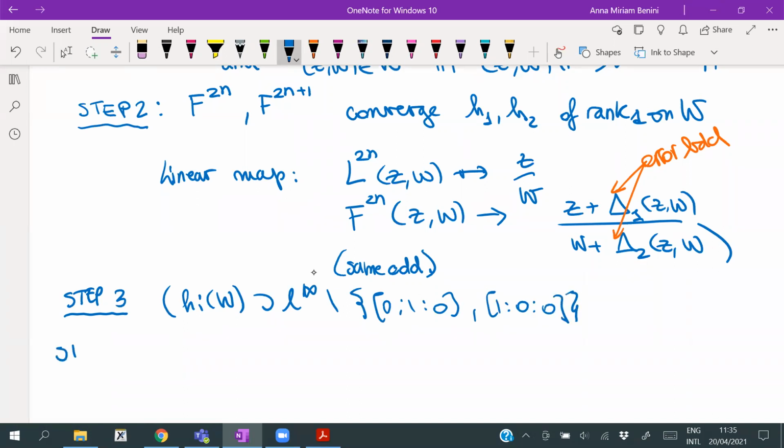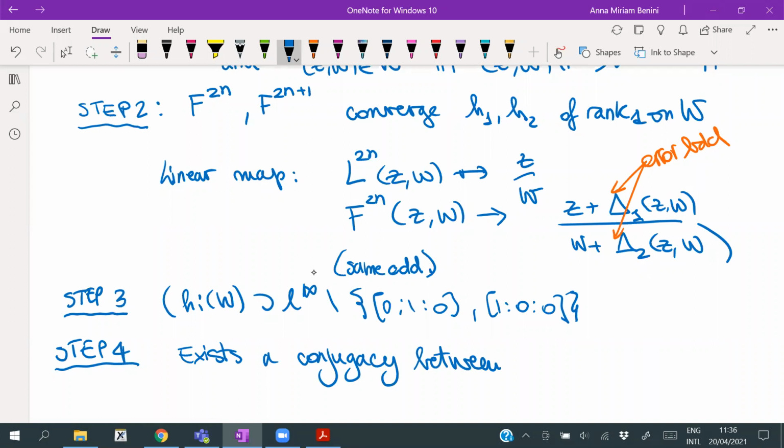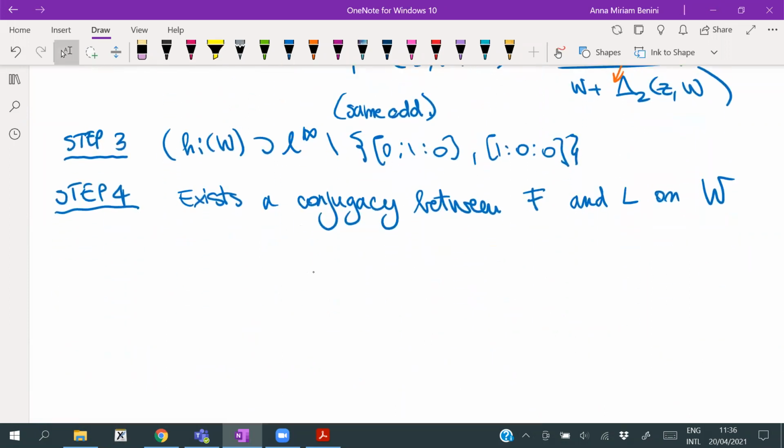And then you show that there exists a conjugacy between your F and its linear part on W, okay? And this is also kind of standard, and you use the same techniques that you use since Milnor's book for quadratic polynomials.